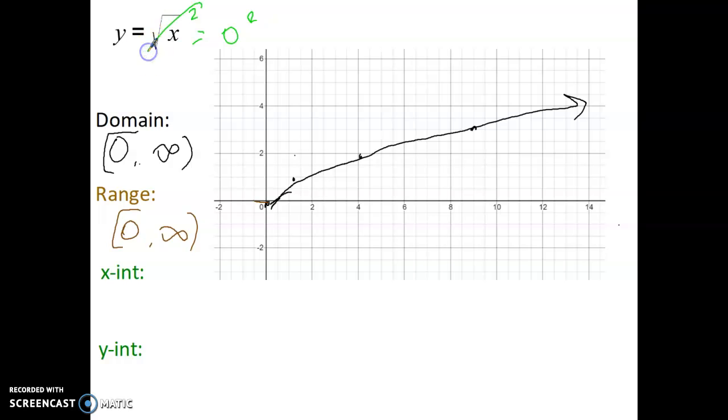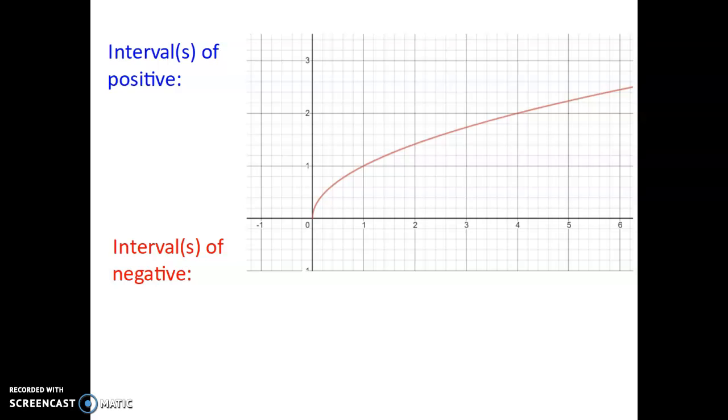Square root and square cancel each other out, and I get x equals 0. That means when my y value is 0, my x value is 0 as well, so my x-intercept is the origin. And remember we said in a different video, when your x-intercept is the origin, your y-intercept is the origin as well. So I'm going to get the point (0, 0) for both the x and the y-intercept.